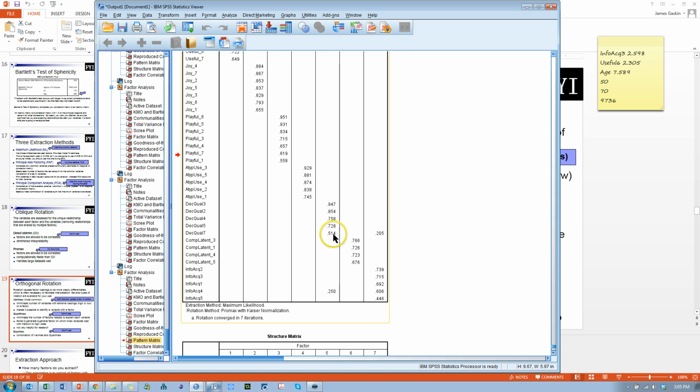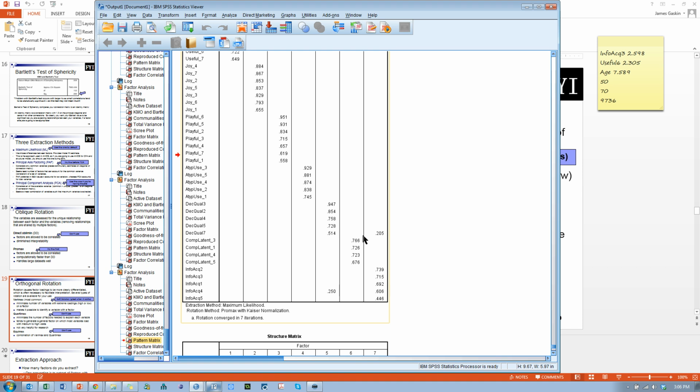So here's 0.514, and here's 0.205 on the same item, different factors. So this one belongs with the higher loading, factor 5, but it also loads on factor 7. But since they're more than 0.2 difference from each other, we're okay. If they were within 0.2, then we might have a problem, and we'd probably want to delete that one because it's going to cause discriminant validity issues.